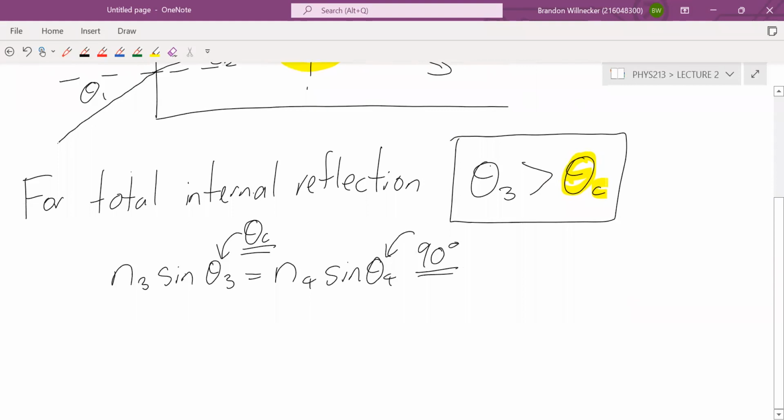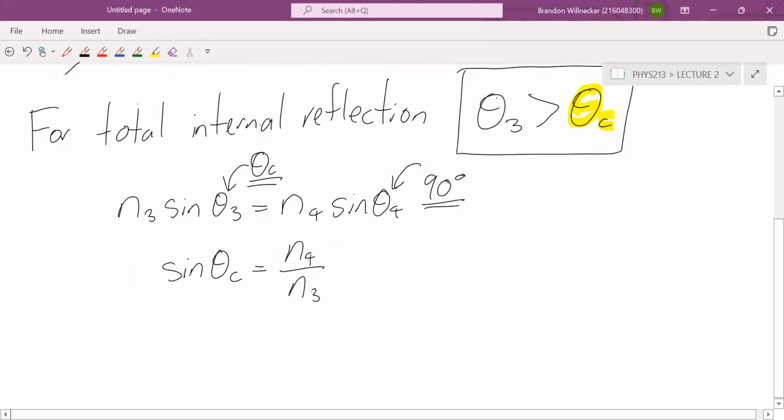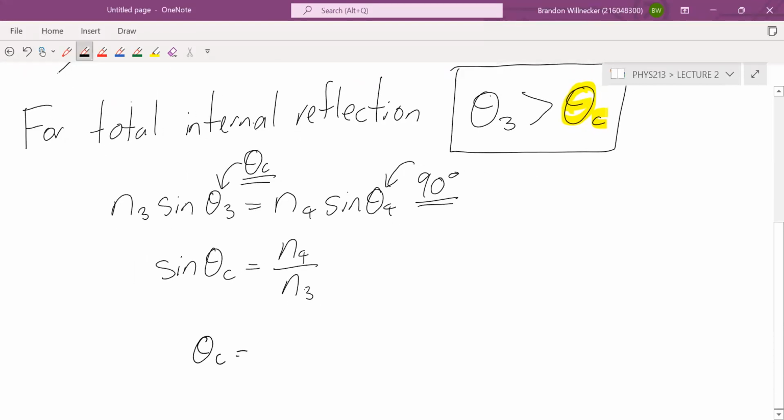Okay, so we're going to have sine θc for the critical angle is going to be N4 over N3, because sine of 90 is 1. So the critical angle is going to be arcsine of 1 over 1.5. So we've got air on the outside, glass on the inside.